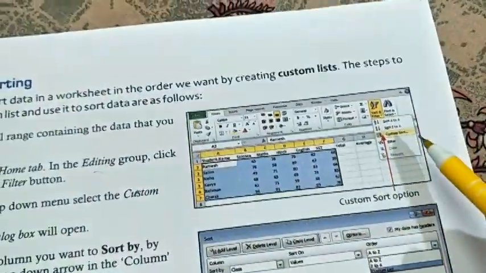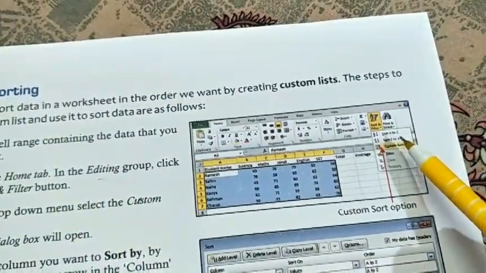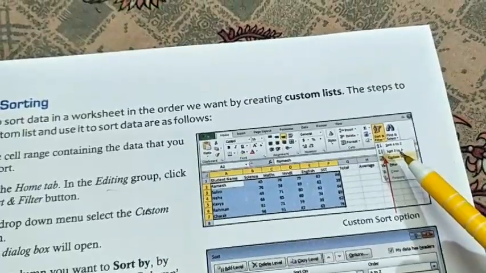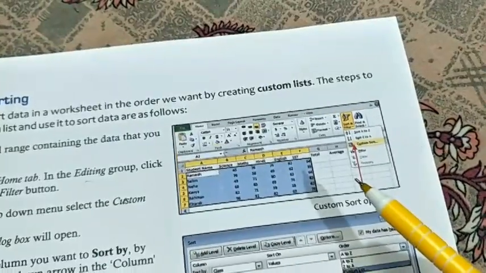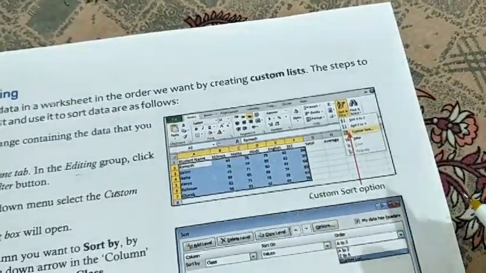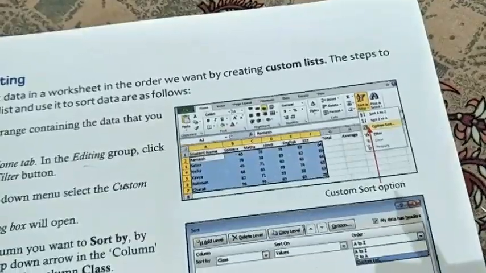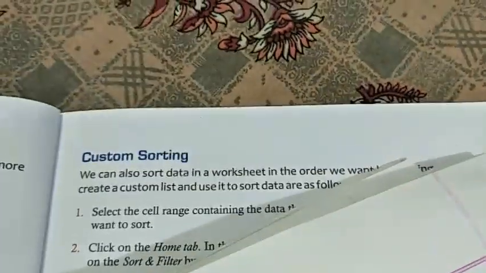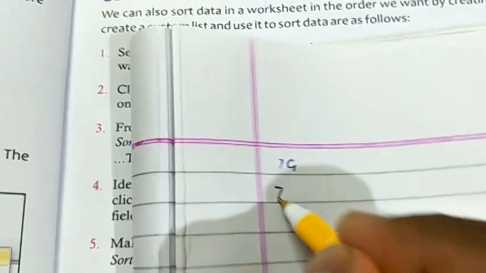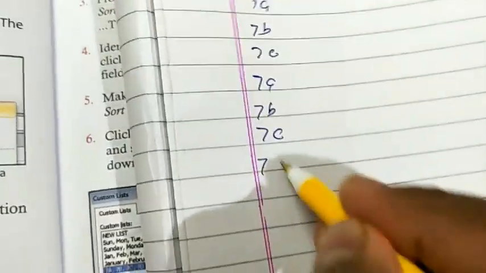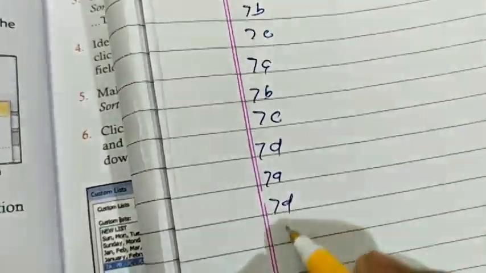In this option, normally two types of sorting are given, A to Z or Z to A, or largest to smallest or smallest to largest. But if you want to do sorting class wise, like suppose that there are 100 students, and their sections are 7th A, 7th B, 7th C, then 7th A, 7th B, 7th C, 7th D, and so on.